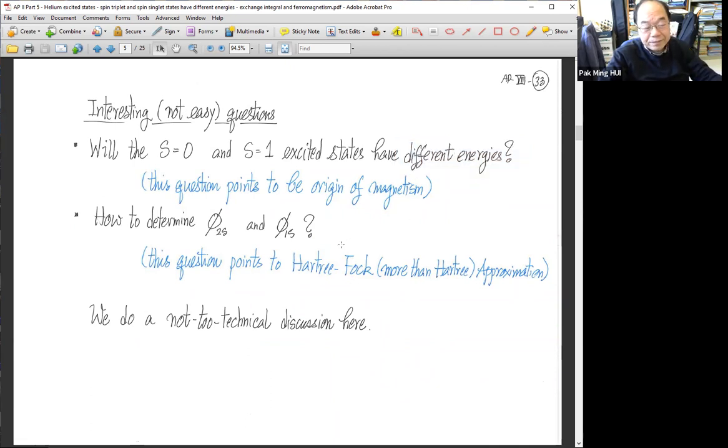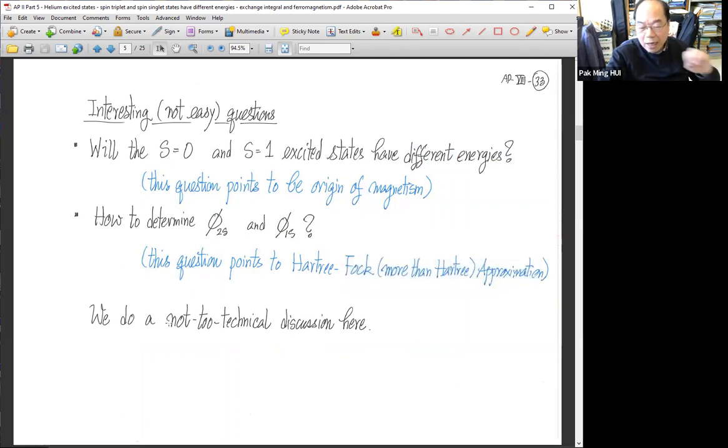And then, how to determine self-consistently these 1s, 2s single particle states. That is where the Fock approximation kicks in.